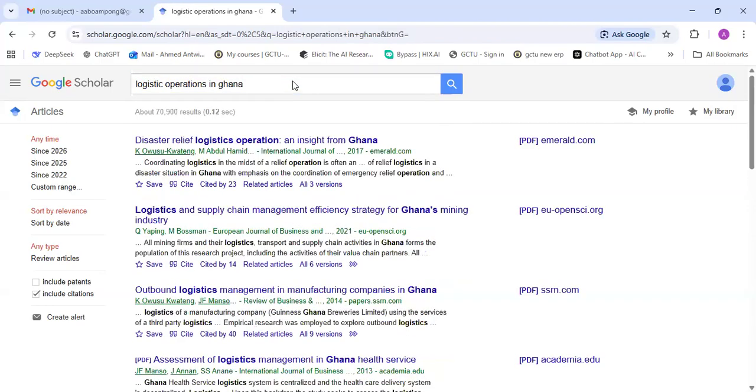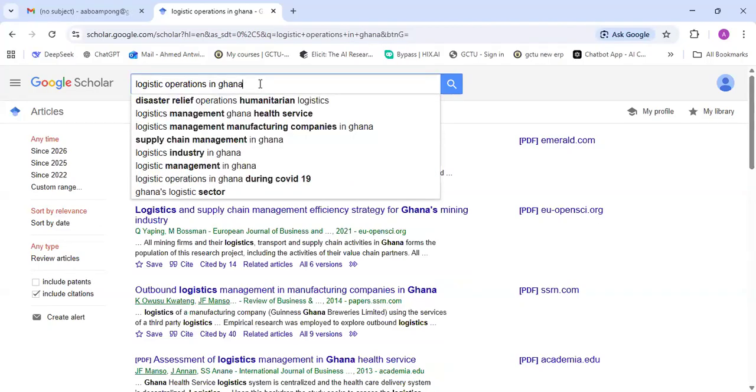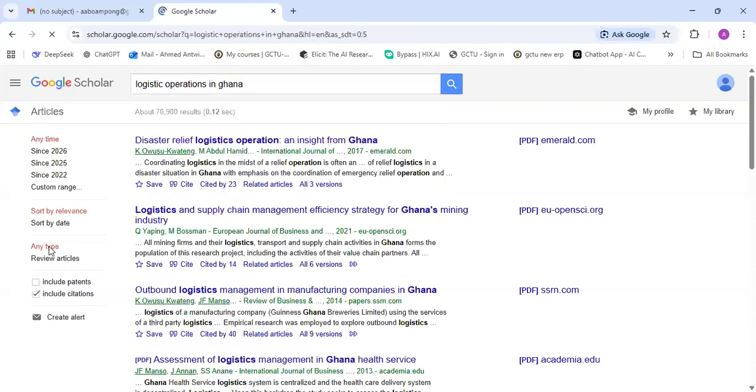So what do you see? This is very broad, all right? So you find logistics and supply chain management efficiency strategy for Ghana's mining industry. If I want to add mining, I can add mining. You can set your time here anytime. If you want to sort by date, or review articles, any type of articles, you can state the type of article that you want.